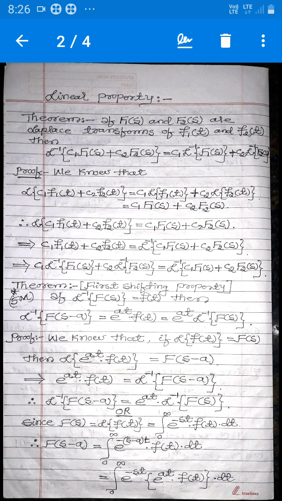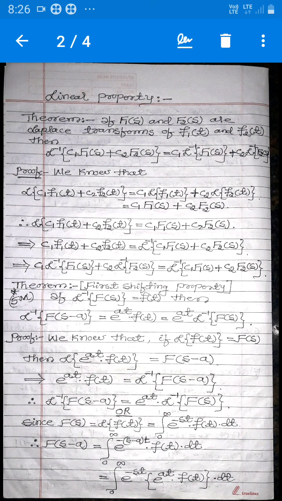Next theorem, that is the first shifting property. Here the whole proof depends on the shifting property of the Laplace transform. The statement: if L inverse of F(s) is equal to f(t), then prove that L inverse of F(s minus a) is equal to e raised to at into f(t), which is e raised to at times L inverse of F(s).